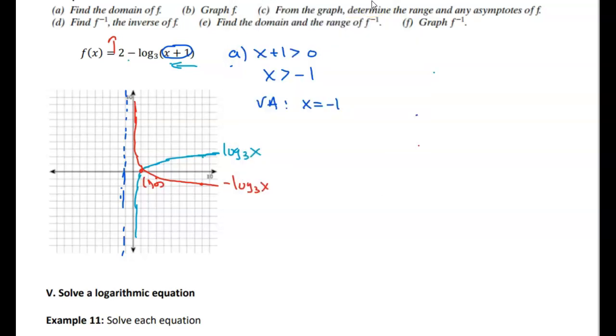This is going to shift 2 up and 1 to the right. So it's going to go here. This point right here, which was 3, negative 1, is going to go to 1 and 1. This point right here, which is 9 and negative 2, goes 8 and 0.